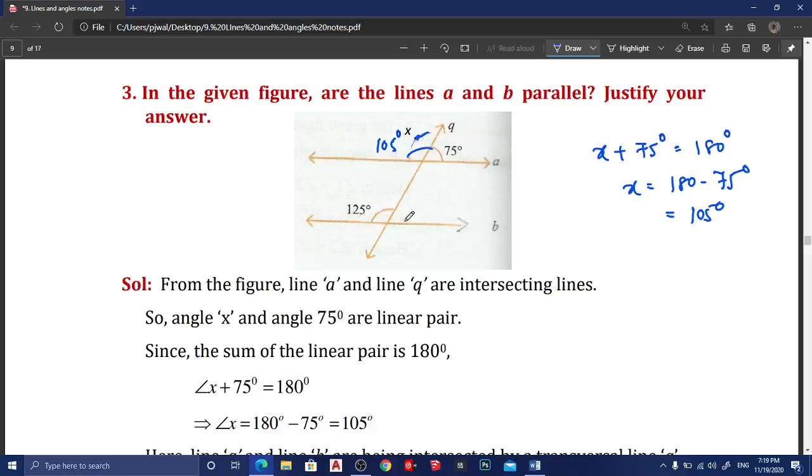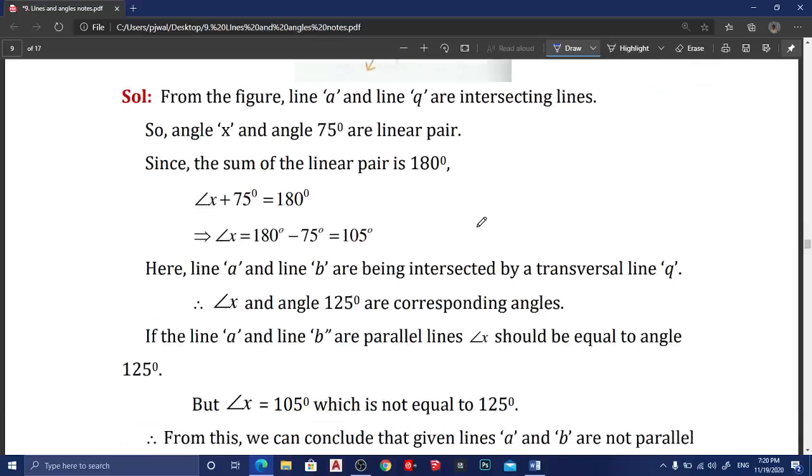Since these corresponding angles are not equal, the given two lines A and B are not parallel to each other. Even though they are drawn like parallel lines, they are not parallel because there is a 20 degrees difference here. Since they are not equal corresponding angles, the given two lines are not parallel to each other. Like that, you have to write the justification.